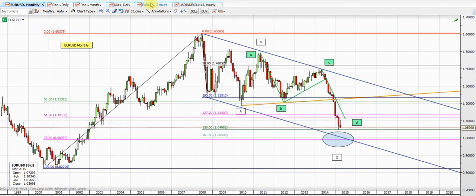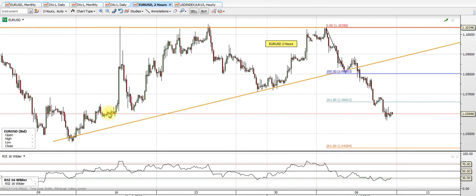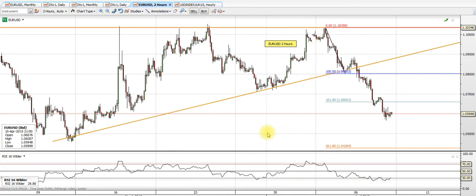If we break down to the 2-hour chart, we can see that from basically the 9th of March, we had this choppy price action, posted an ascending triangle formation that has a bias to break to the upside, but it didn't. We've broken to the downside.